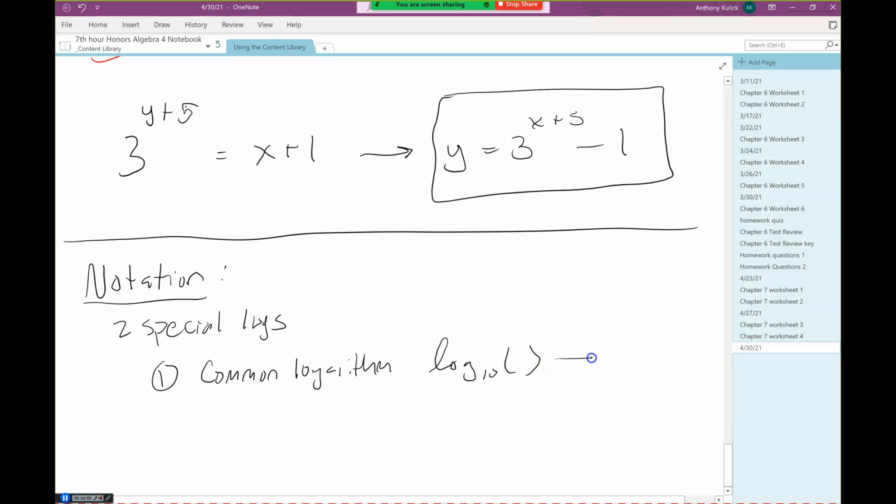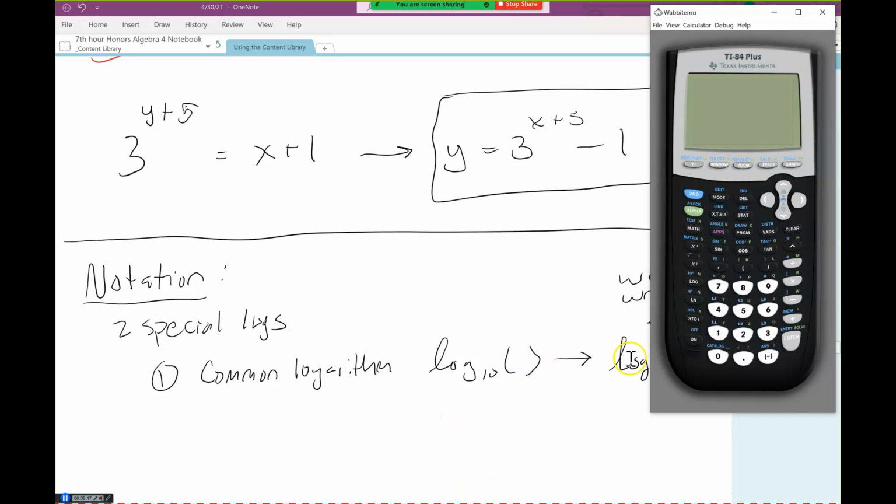But we don't write log base 10, we just write log with no base there. If you look at your graphing calculator, and you look at the left-hand column, you'll see the LOG button. That is the log base 10 button. Everybody located that?